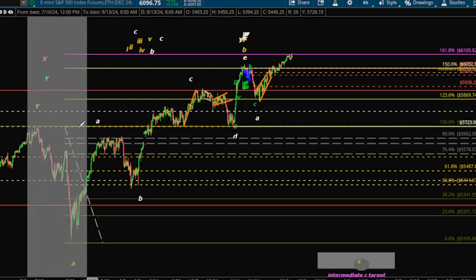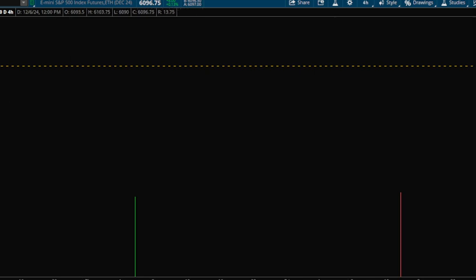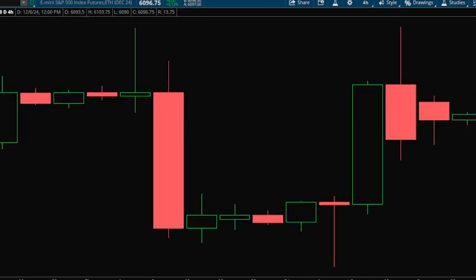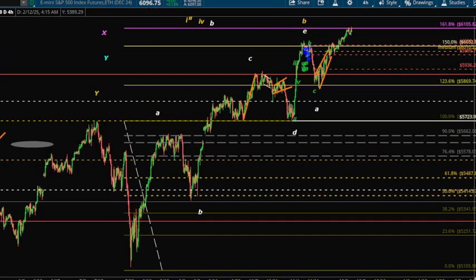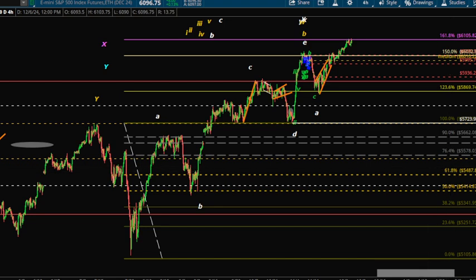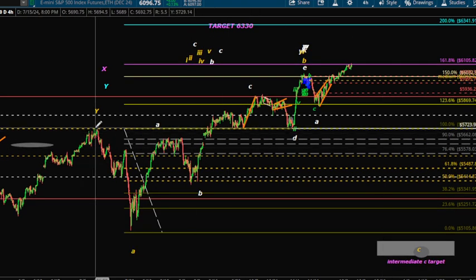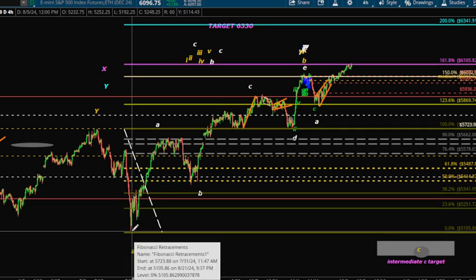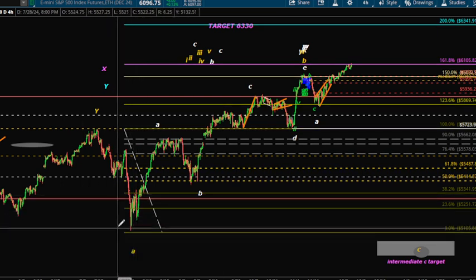So all I have to do is measure, sorry about that. All I have to do is measure this July 16th high to the August 5th low, give or take a couple of days there.